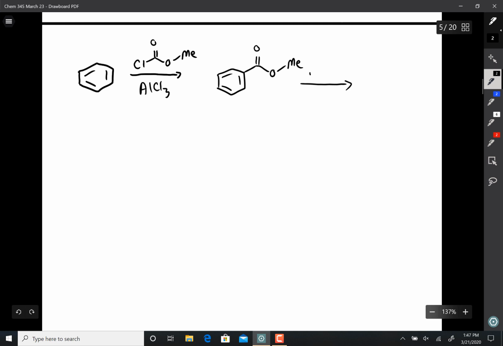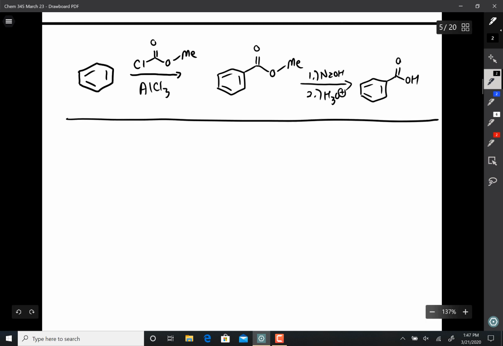And then this can be saponified to get the carboxylic acid. That's a route to getting a carboxylic acid.